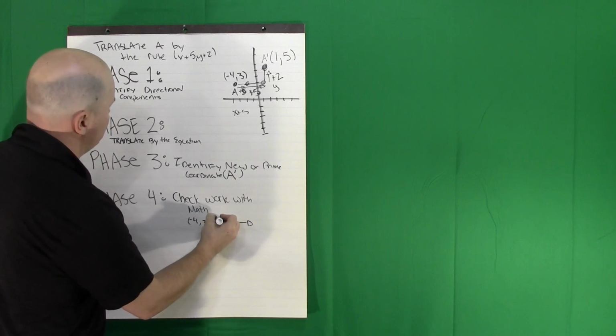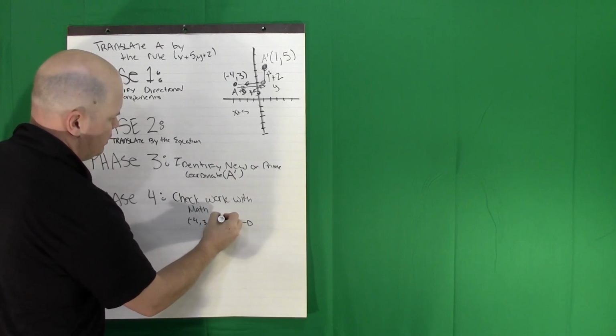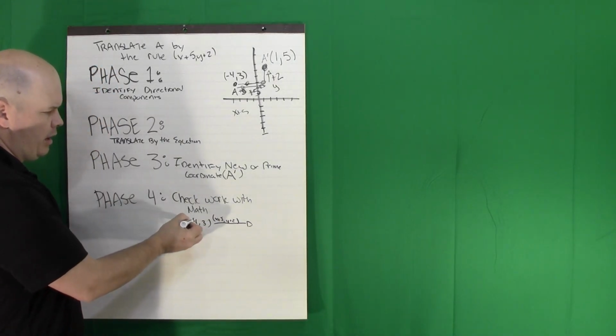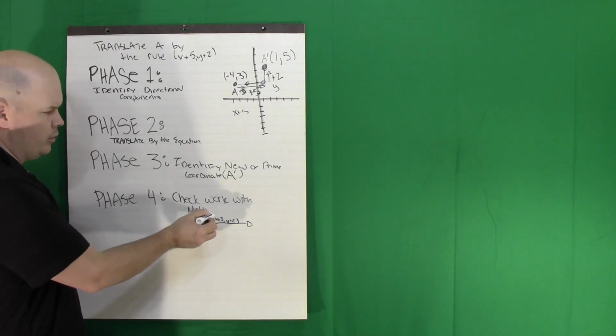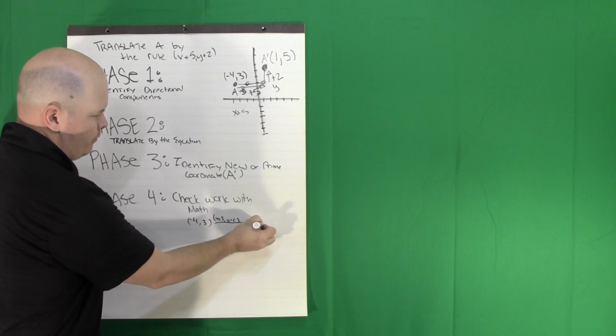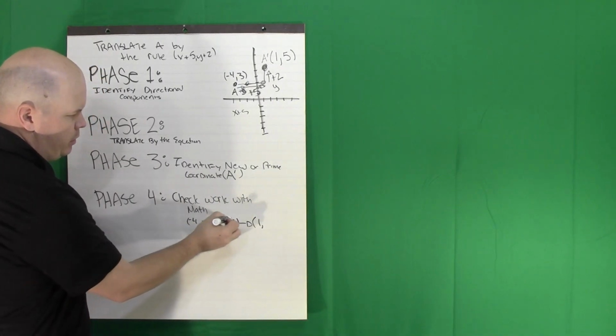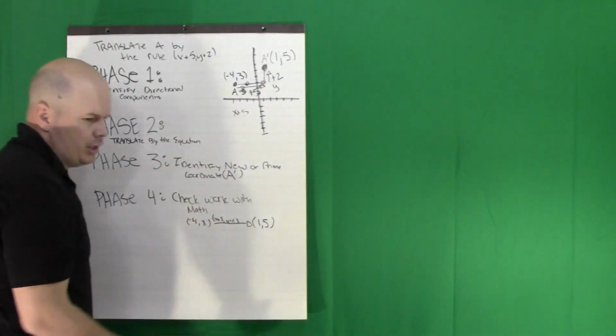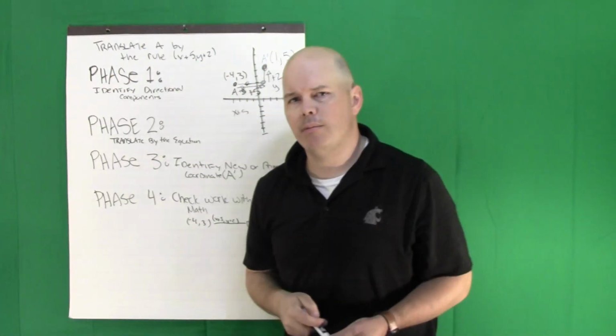My rule was x plus 5, y plus 2. All I'm doing when I'm checking with math is taking my x value and applying my x rule. So here it's negative 4 plus 5, that would be 1. Here it'd be 3 plus 2, which is 5. And since those two match up, that means I did something right, and that would be my problem.